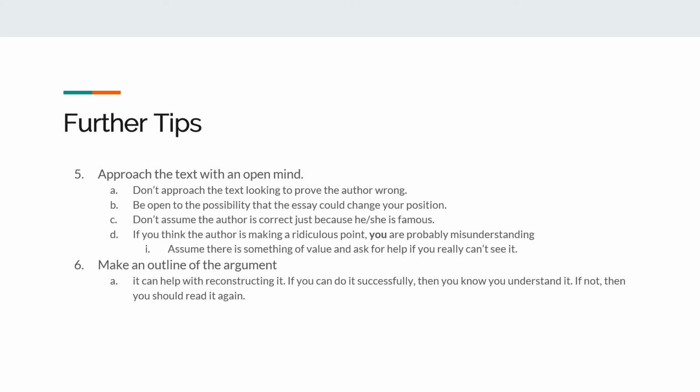So if I'm a die-hard atheist and I'm reading a theistic argument, I can't go in thinking, well, all these arguments are not going to be good because I know that atheism is the best argument for the non-existence of a God.